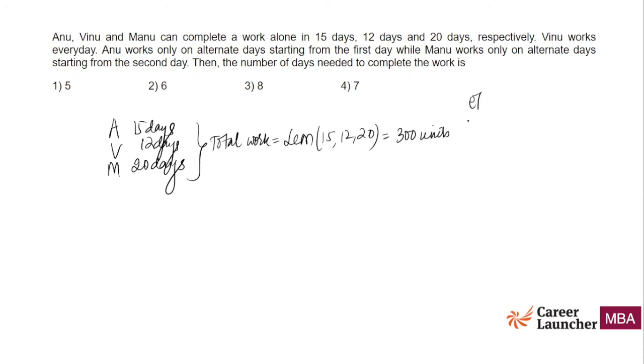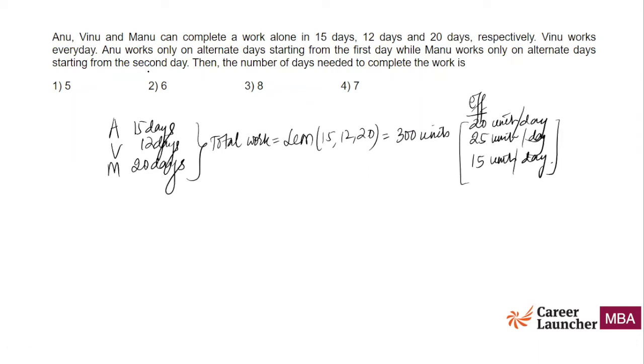So what will be their efficiency then? So A finishes 300 units in 15 days, so its efficiency will be 20 units per day. V's will be 25 units per day, 300 units in 12 days. And M's 300 units in 20 days. So this is going to be 15 units per day.